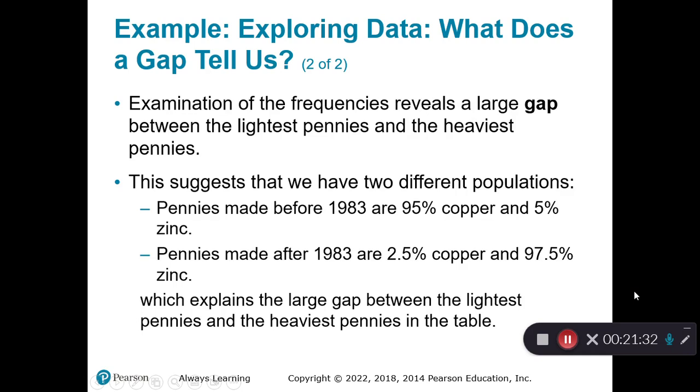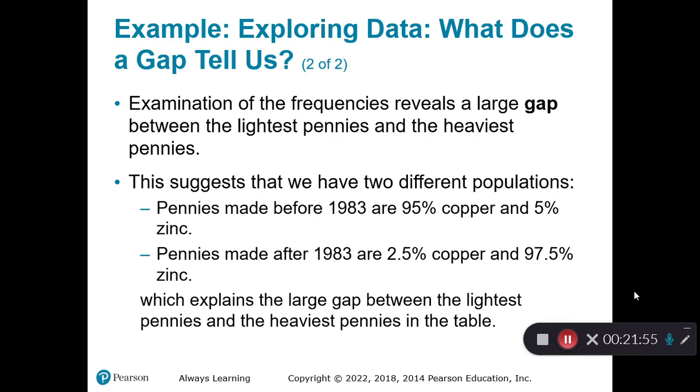As it turns out, pennies are manufactured a little bit differently now than they were prior to the year 1983. In 1983, there was a change in the composition of the penny in terms of how much of them were made of copper and how much of them consist of zinc.